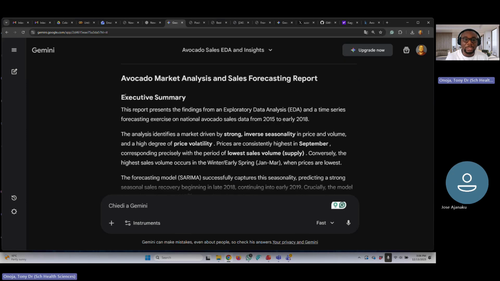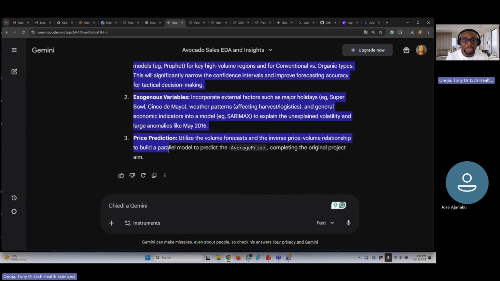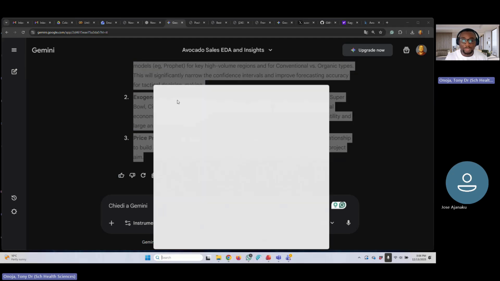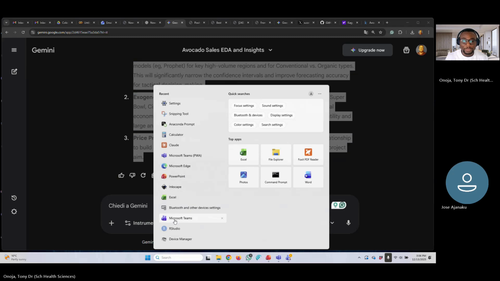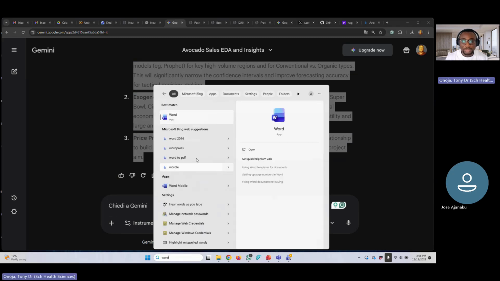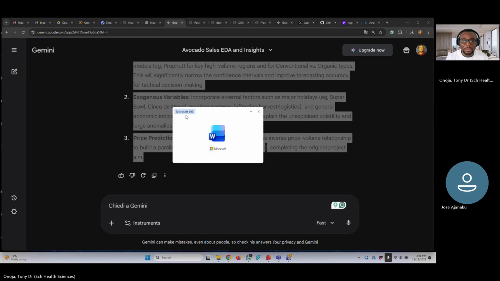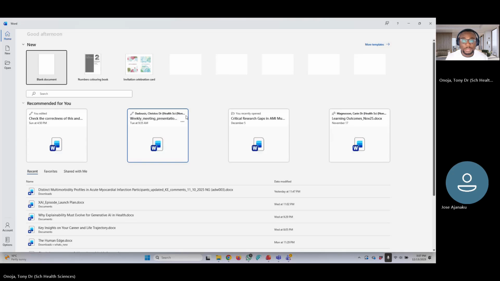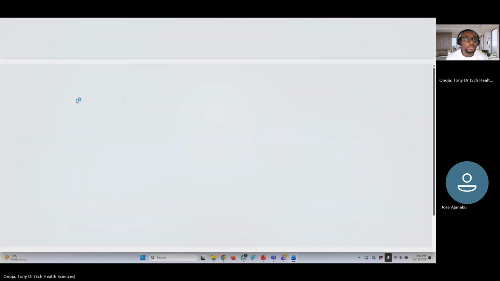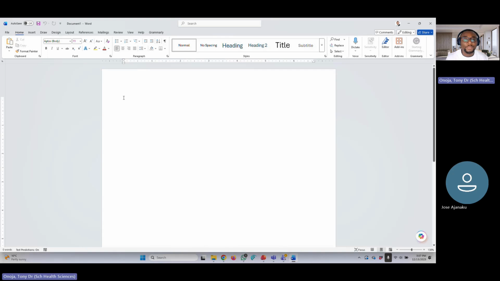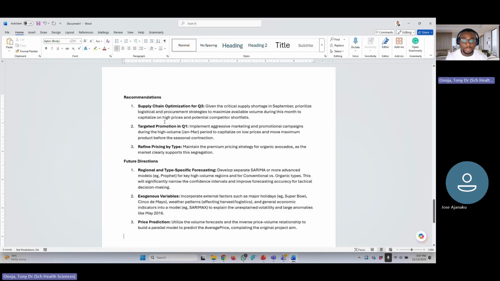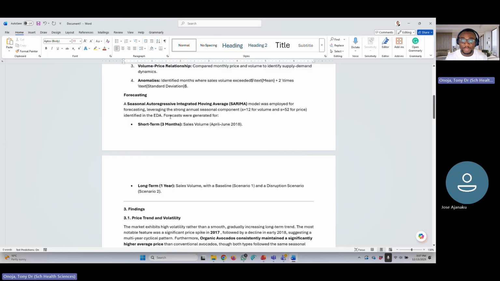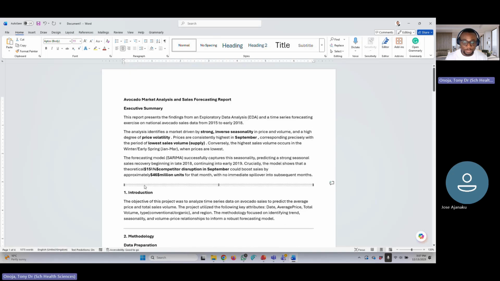You can quickly highlight this and copy it, go to a Word document, and paste it here. And you see, you already have a nice document written.